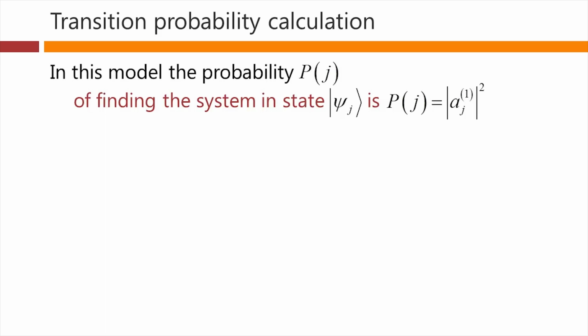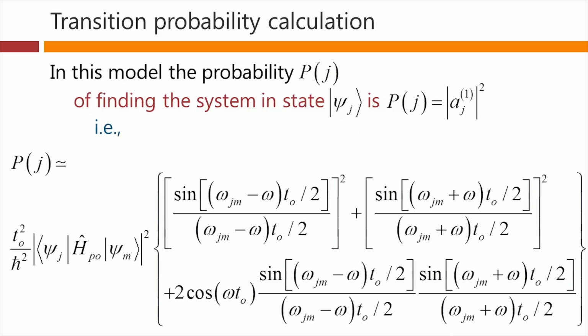So we can therefore work out this probability that after the perturbation we're going to find the system in state psi j. And so that would be this expression here. So we just squared up the modulus of that expansion coefficient we just worked out. So there are various terms in here. There's a sinc squared term here, there's a sinc squared term here, and there's this term here that's the product of two different sinc functions.